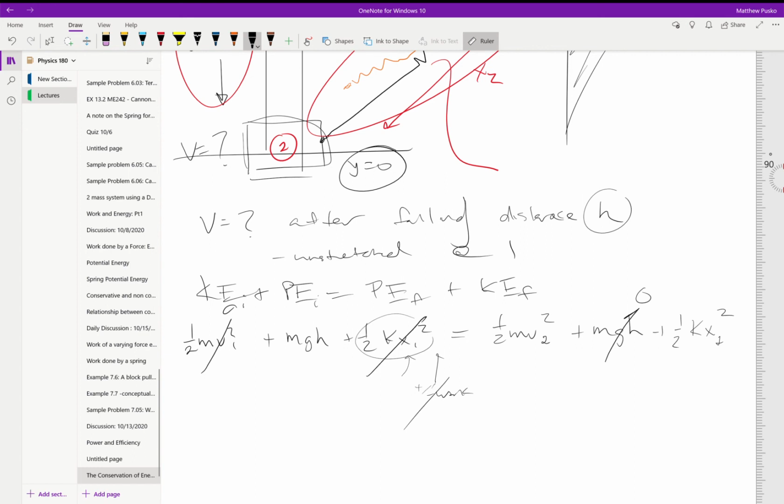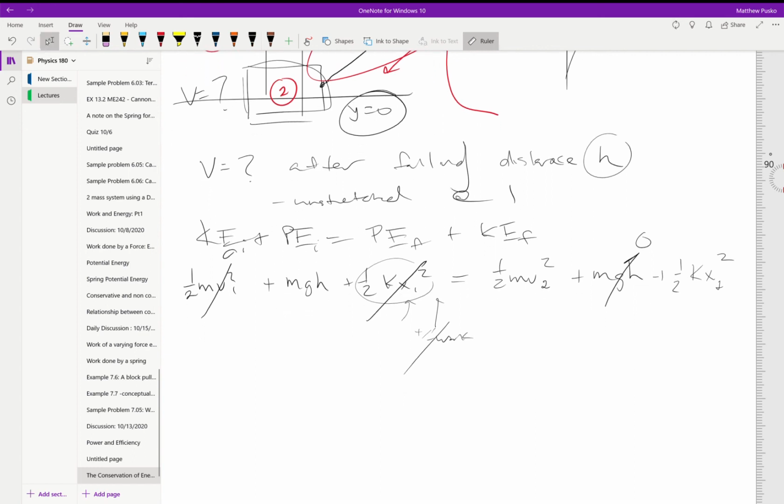Therefore, if I wanted to know the velocity, I could solve for that right there. Let's move this over here. I get 1/2 m v final squared is equal to mgh minus 1/2 k x2 squared. Start solving for this.